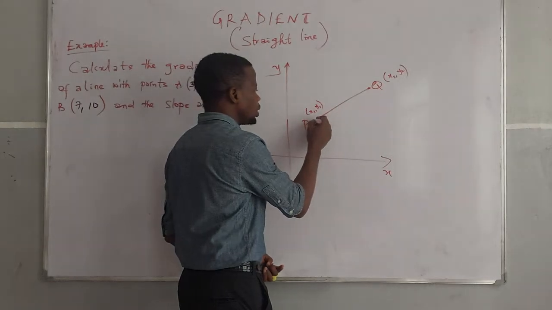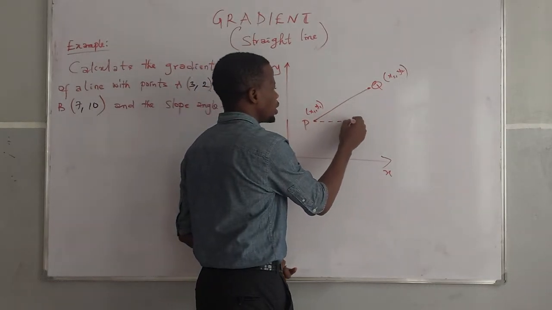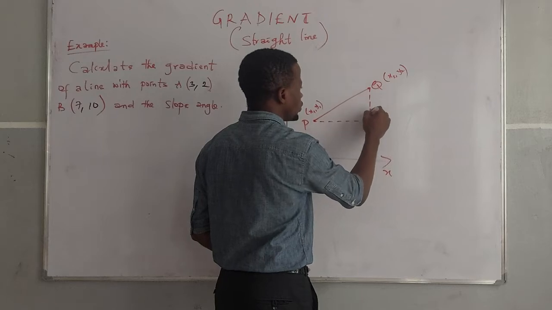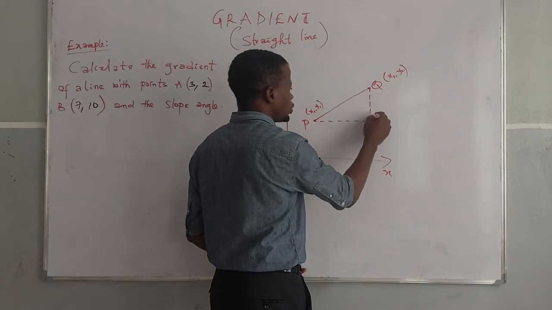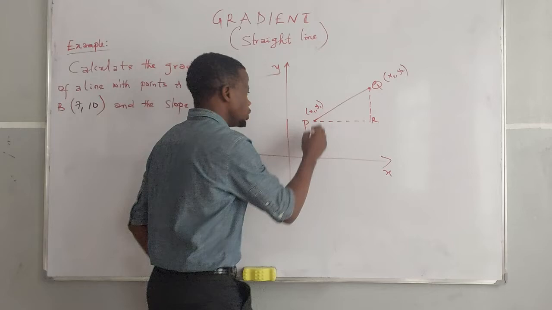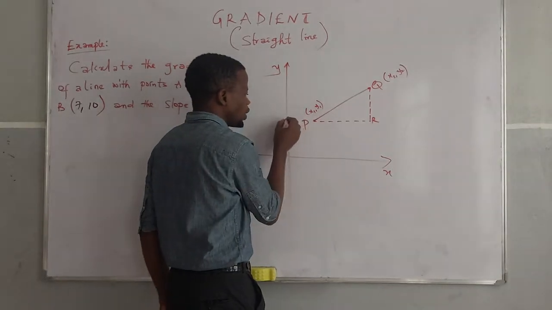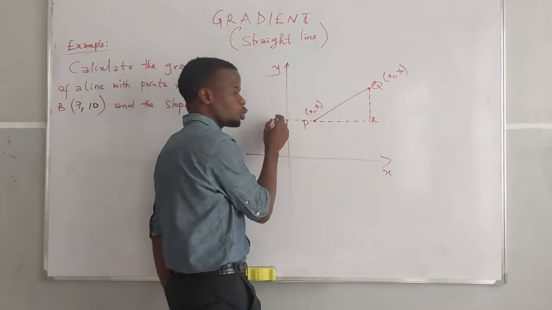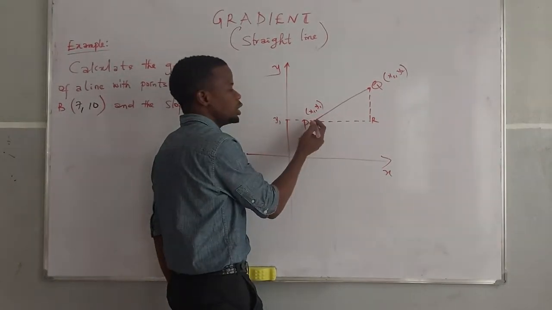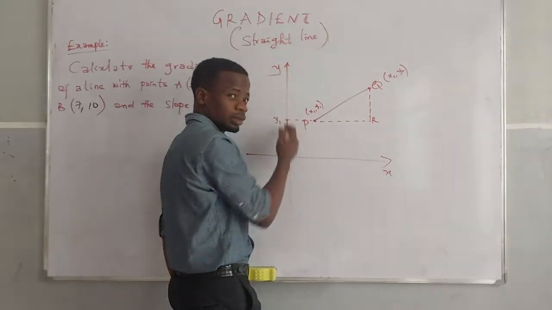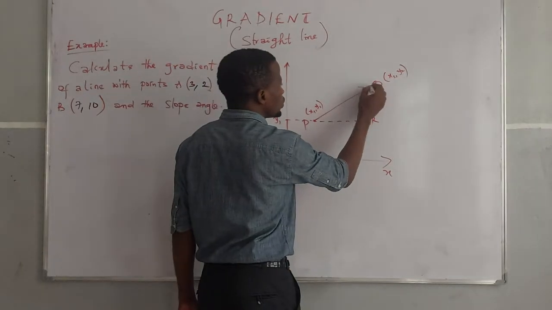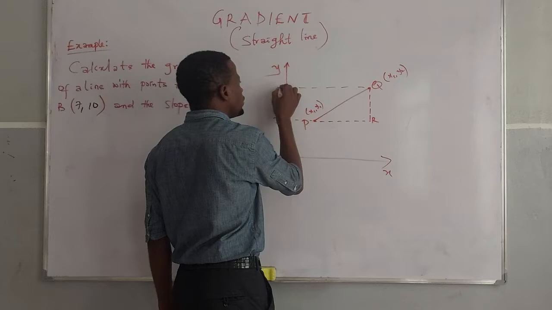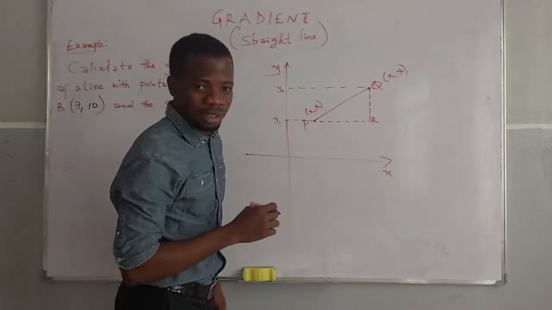Let me draw an imaginary line along this path, and I call this place R. If I extend this to the vertical axis, I have y1, because this is my y axis, right? And this one is y2.